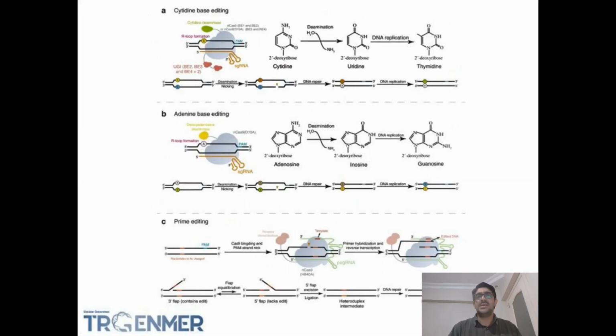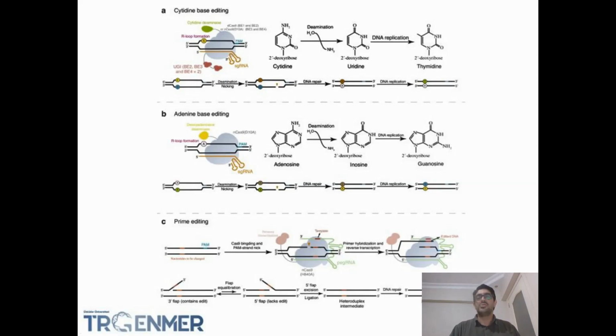And what you can see here is that with the cytosine deaminase and adenosine deaminase, the critical point is DNA replication, because with the help of this base editor system, you can change either the cytosine to uridine or the adenosine to inosine. And uridine and inosine are not usual in DNA sequences or in the genome.